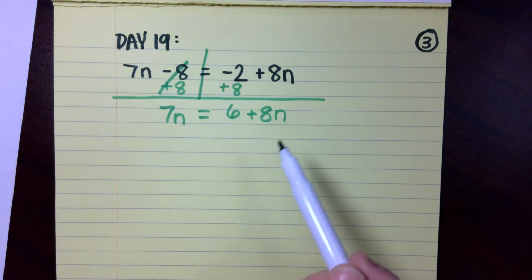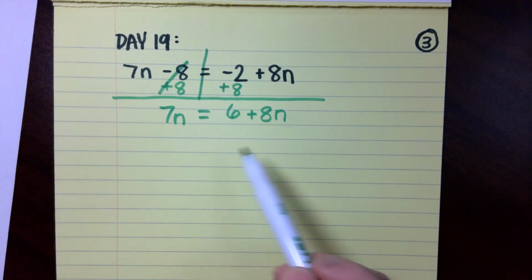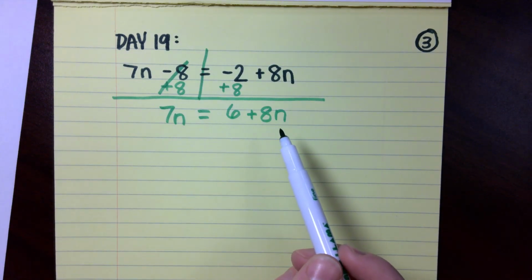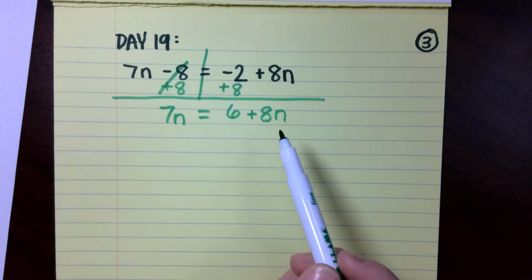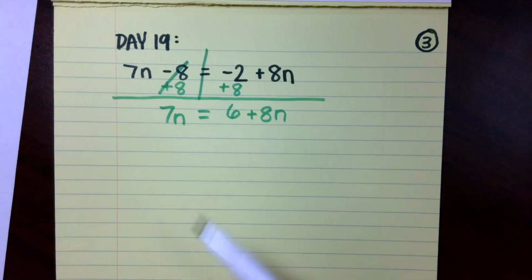I now need to get my variable terms, the 7n and the 8n, on the same side of the equal sign. So, which one of these, 7n or 8n, do you think would be more productive to move over? 8n.